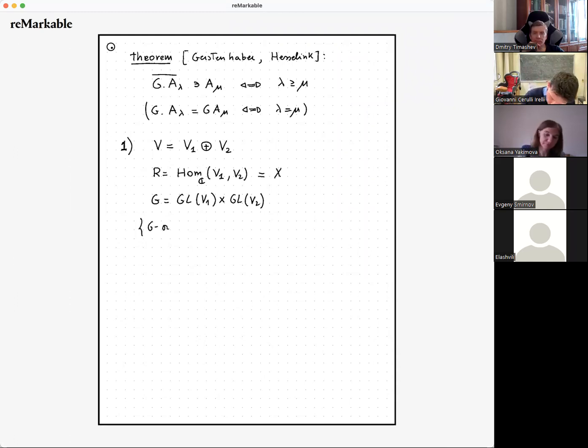Here G orbits are in bijection with the ranks, of course, as we teach to our students. Okay, so in this case, the quiver underlying this variety has 2 vertices and 1 arrow.